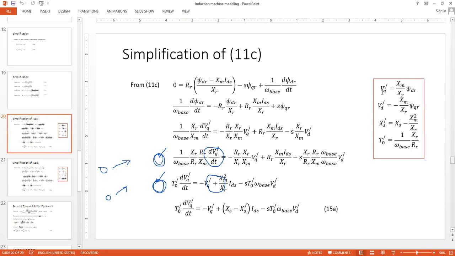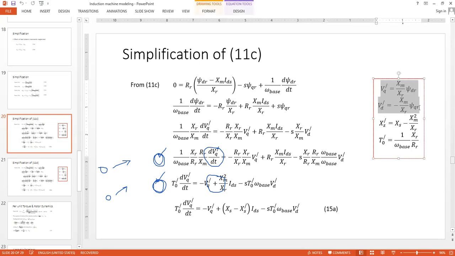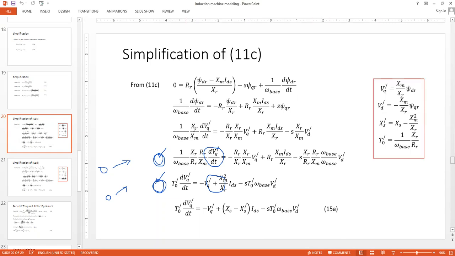So here we are introducing some new notations for the voltages VQ dash and VD dash. Then accordingly, we are updating the entries. Nothing special here. And then we also want to introduce some time constant terms and some new reactance terms like XS dash and TO dash.